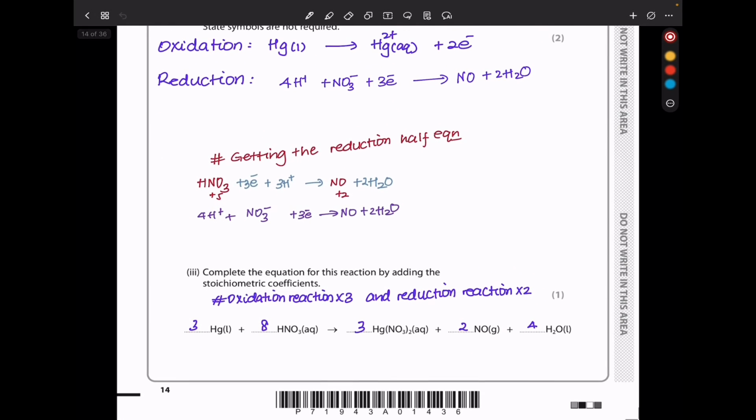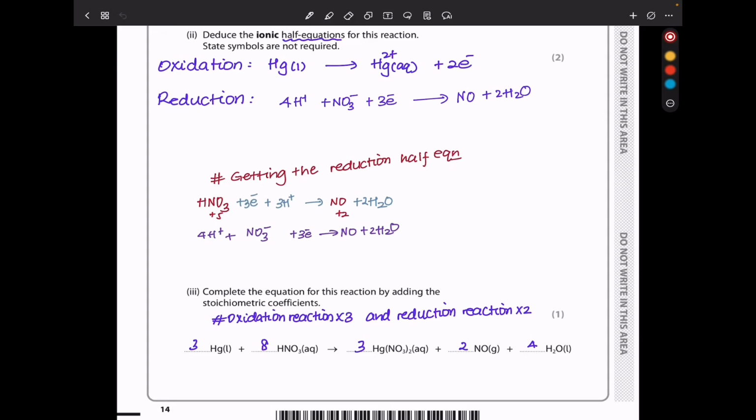And down here they say complete the equation for this reaction by adding the stoichiometric coefficients. To write the balanced equation, we have to look at the 2 half equations. Since here we have 3 electrons and here we have 2, we have to balance those by multiplying the oxidation equation by 3 and the reduction equation by 2 to create 6 electrons for each half equation.